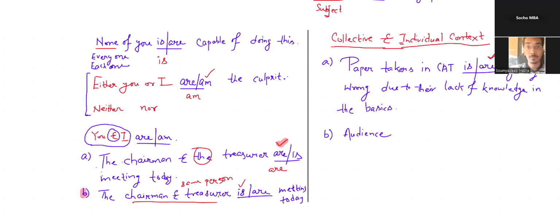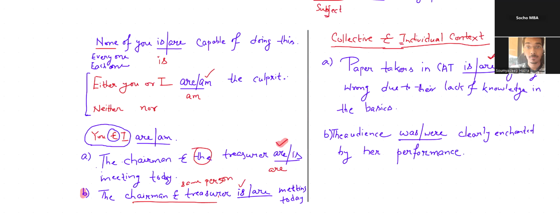I had one example in front of me. Yes. The audience was or were clearly enchanted by her performance. Was. Why? Audience refers to a group, all the people who went to watch come together as one group.